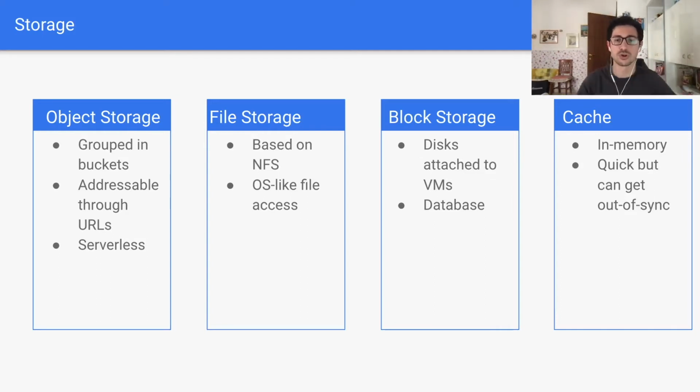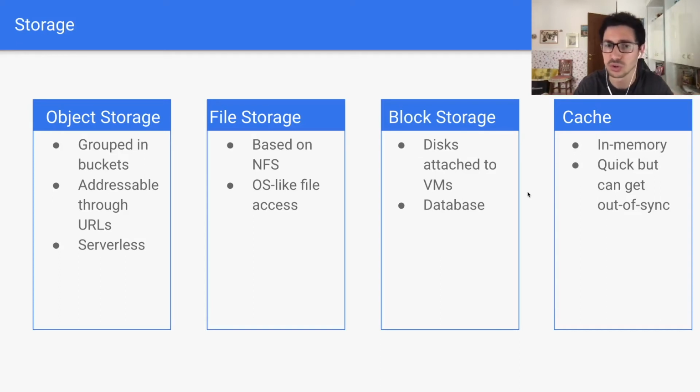Then we have block storage. Block storage is a bit different from before because the data in this case are structured into blocks. Blocks can be of any size. It can be 4 kilobytes, but they can also be quite big. It depends.